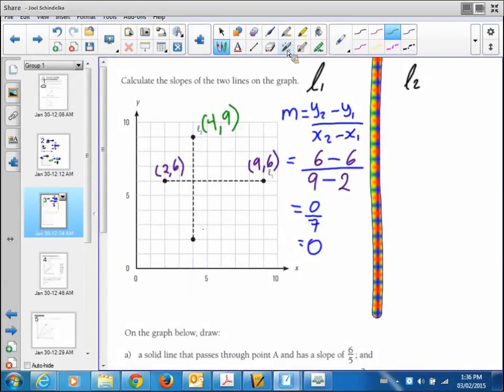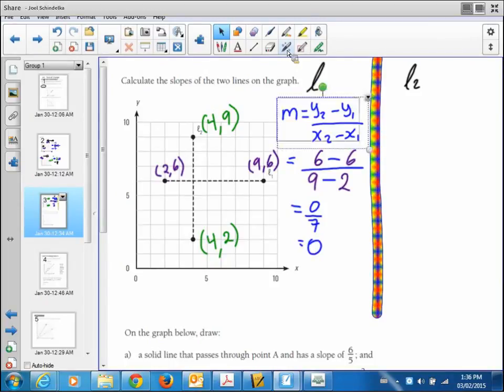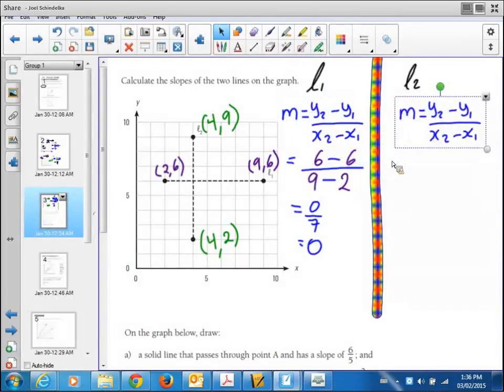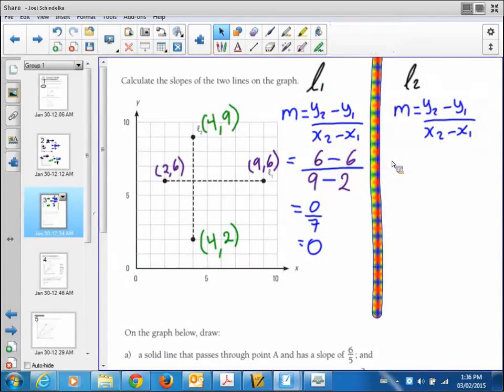And this bottom one here is 4 comma height of 2, x1 y1. So, move that over here. I need that same formula.